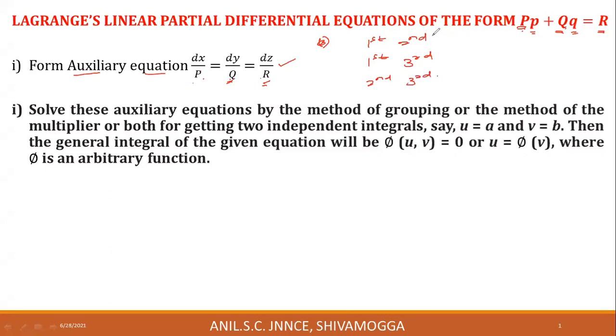If you consider first and second ratio, construct a differential equation connected with these two ratios and find the solution. Let it be u is equal to a. Next, consider first and third ratio. Construct a differential equation and find its solution. Let it be v is equal to b. You construct two solutions like this, and the general solution is given by an arbitrary function phi of u comma v is equal to 0, or u is equal to phi of v, or v is equal to phi of u. You can write in any one of these three forms.